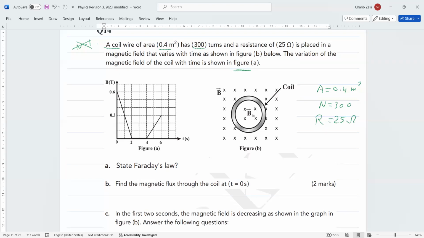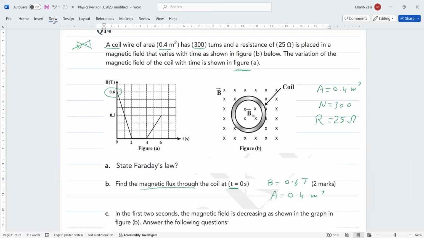Now we have figure A and figure B. He said find the magnetic flux when T equals 0. When T equals 0, the magnetic flux density is 0.6, so B equals 0.6 Tesla, and the area is 0.4 meter squared.